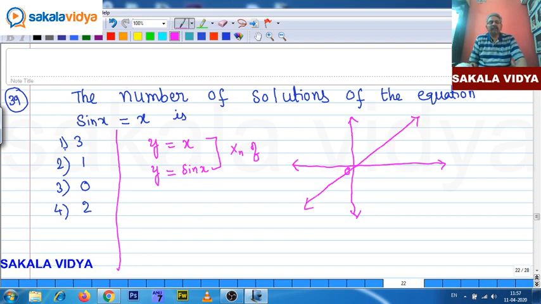Now let us draw the sine graph. The maximum is 1. Sine 0 is 0, start from here; sine pi by 2 is 1, like this; sine pi, this is 1 arch.